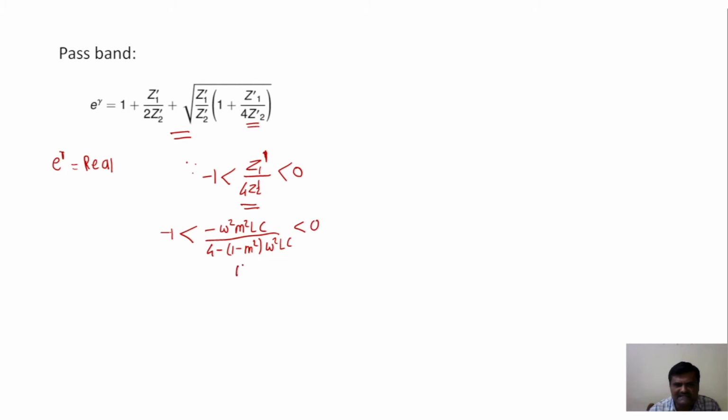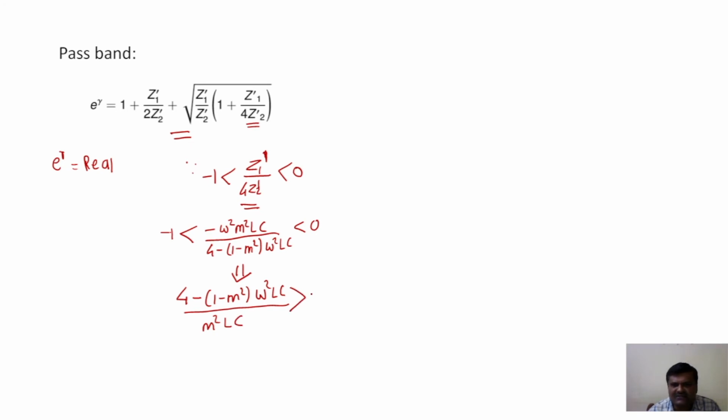I rearrange this equation in terms of omega square. So right here it is (4 minus 1 minus m square omega square LC) divided by m square LC.